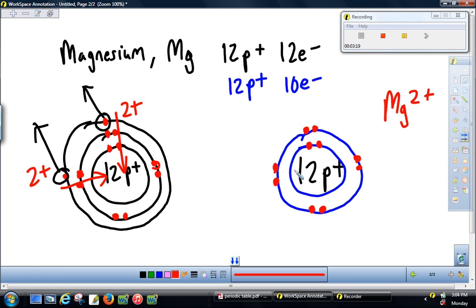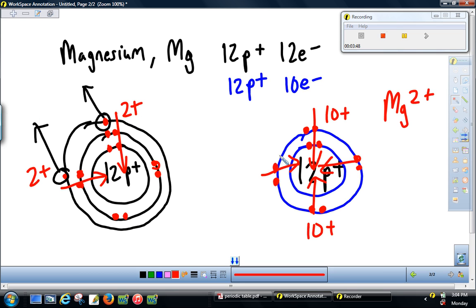And why is that? We have 12 positive charges in the nucleus, 12 protons. There are 2 core electrons, and these will shield the outer valence electrons from 2 of the 12 positive charges. That leaves an effective nuclear charge of 10. So there's a 10 plus positive charge pulling in these valence electrons, which is a very strong force compared to the 2 plus force.